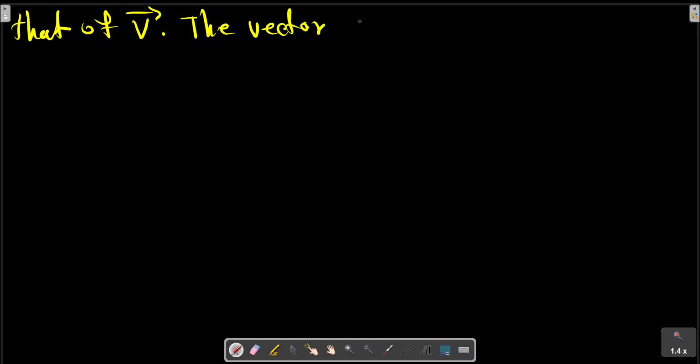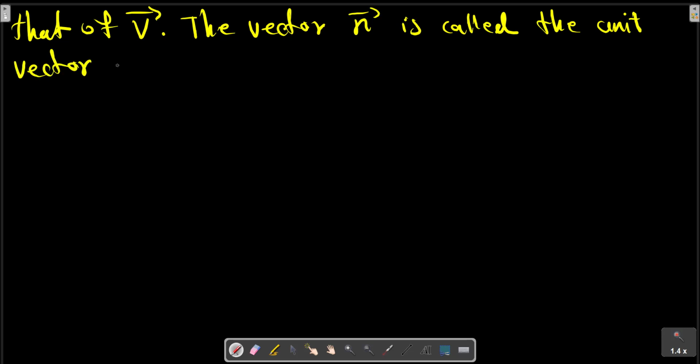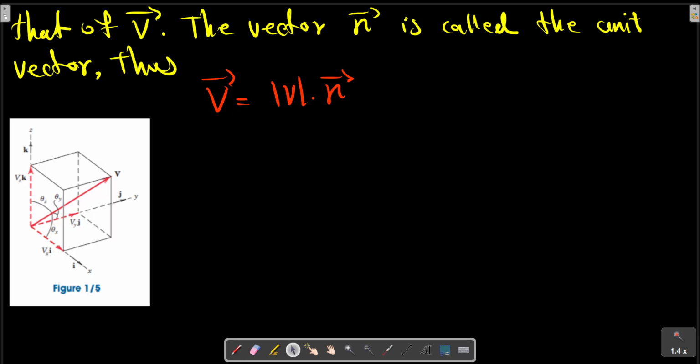Thus V equals V times n. In this way the magnitude and direction of the vector are conveniently contained in one mathematical expression.